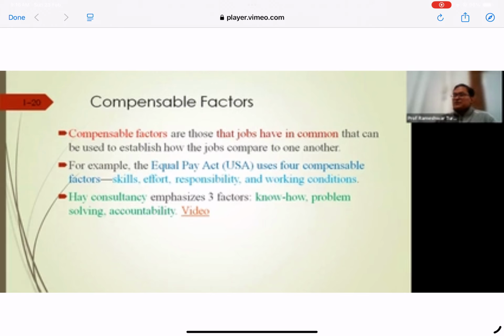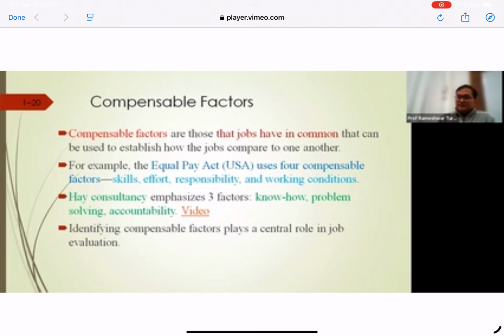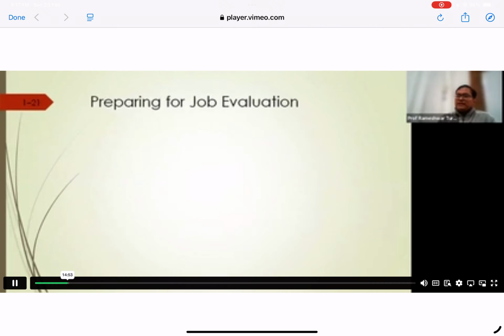Even if you take a sweeper job, probably accountability may be less, know-how less, problem solving less, so worth is less, salary is less. I have shown you that people use different criteria to compare all the jobs. Now the question that comes is, how to compare the jobs?